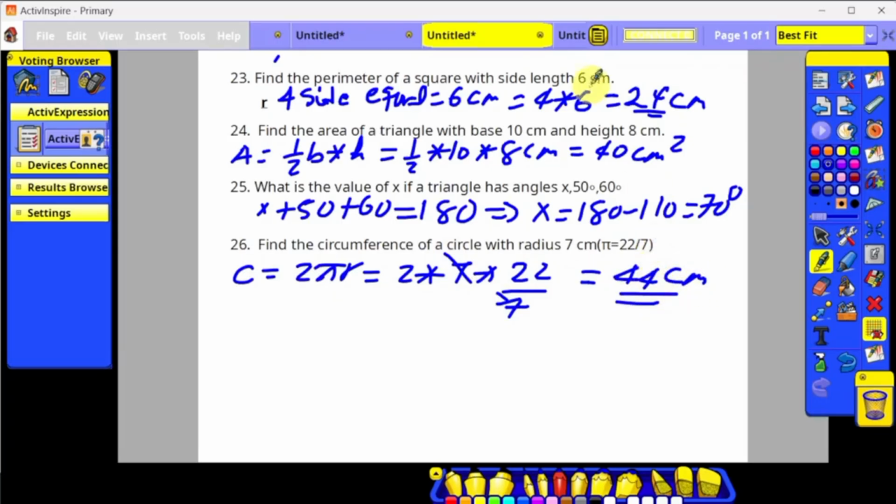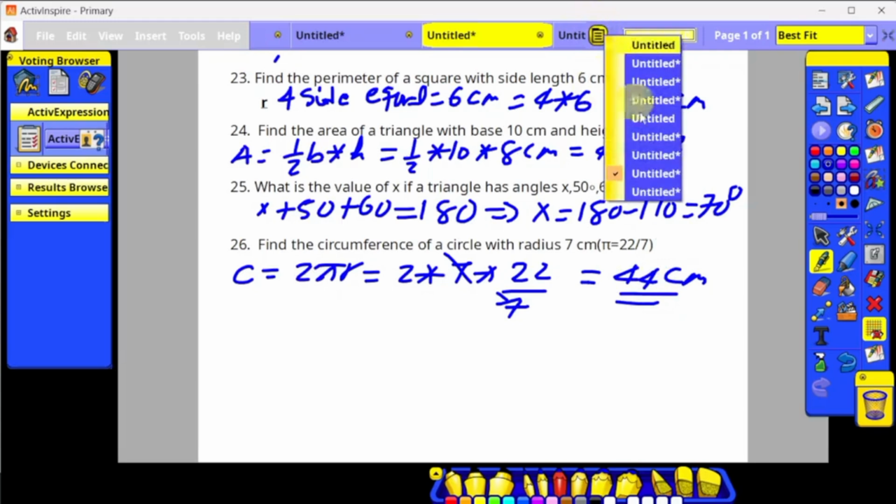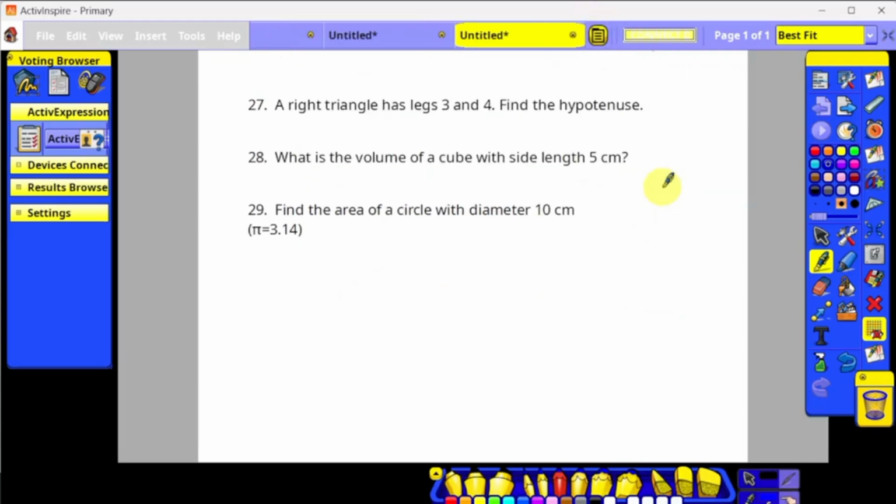The next question. A right angle triangle has legs 3 and 4. Find the hypotenuse. This is a Pythagoras theorem question. If the legs of a right triangle are like this one, 3 and 4, then this is the hypotenuse C. C square is equal to A square plus B square.